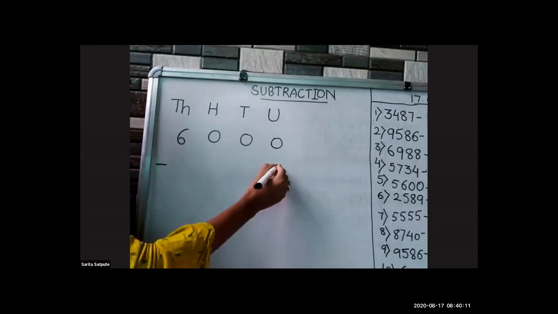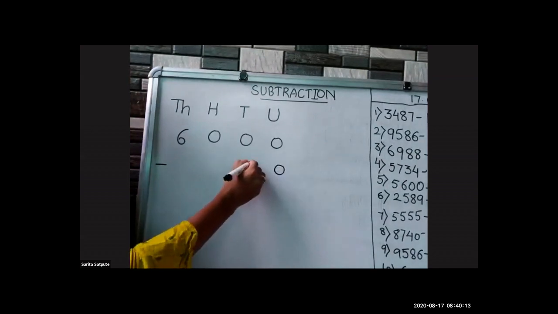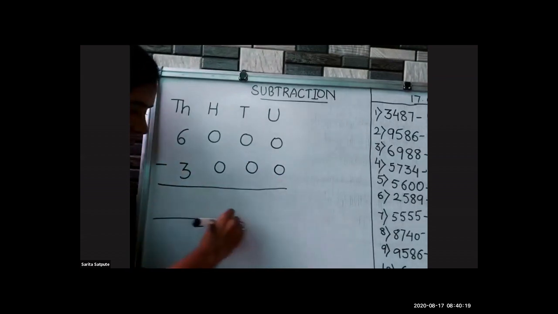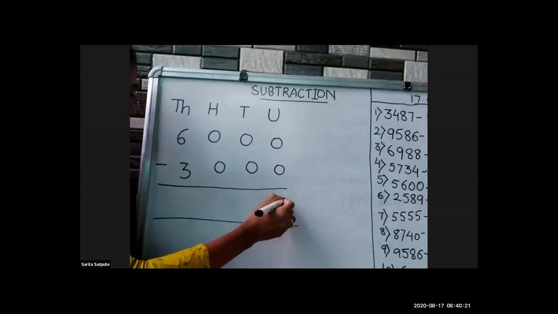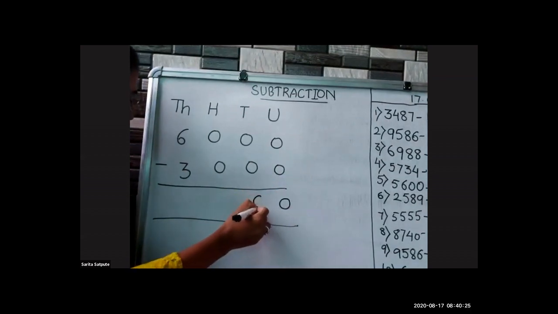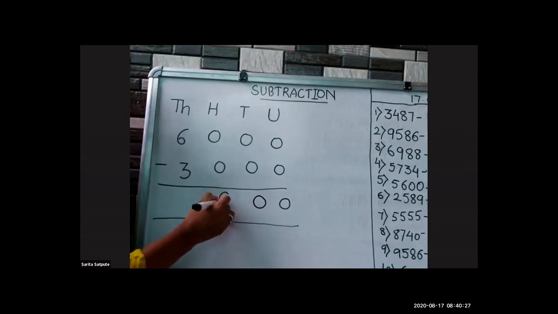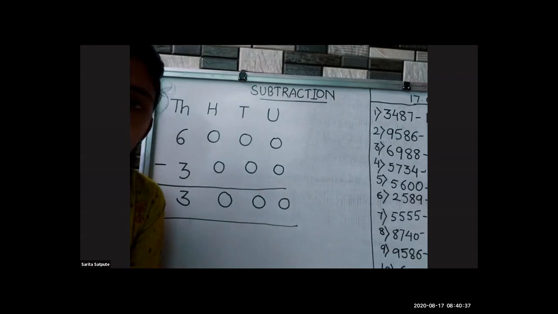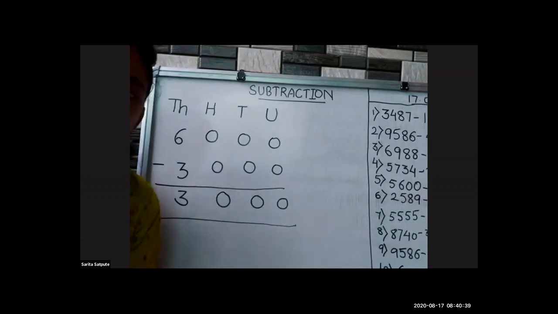Yes. 0, 0, 0, 3. 0 minus 0, 0. 0 minus 0, 0. 0 minus 0, 0. And 6 minus 3, 3. So, what is the answer? 3,000. Yes, very good.